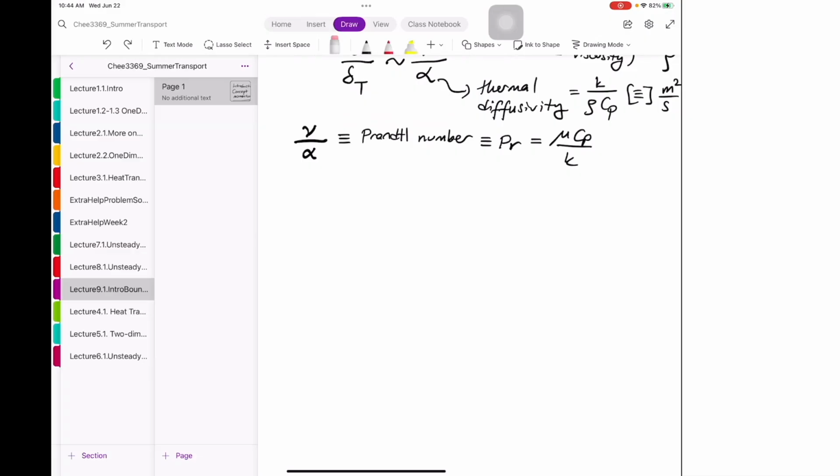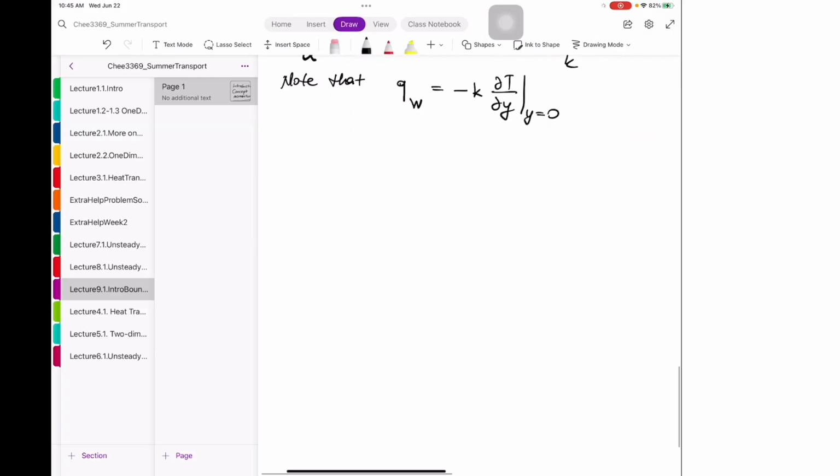And note that here q_w is equal to minus k del T over del y at y equals 0, right?